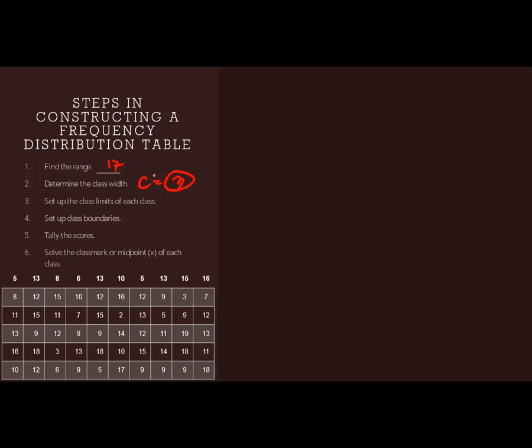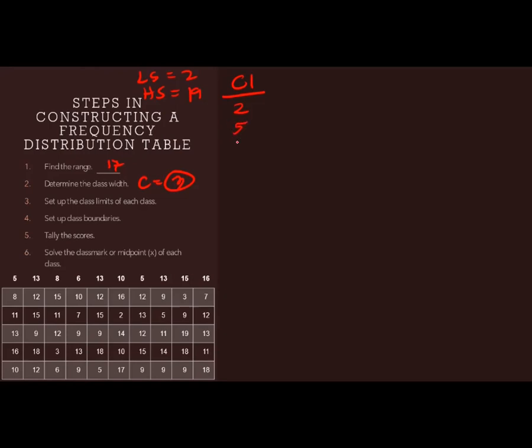So in that case, our lowest score is 2 and our highest score is 19. So in making a class interval, say for example, this is our CI, which is defined by the lower limit and the upper limit. So we have 2, and our class width is 3, so 2 plus 3, we have 5.